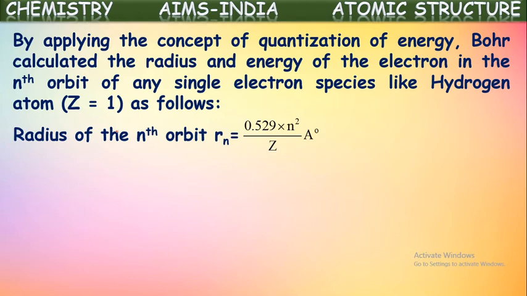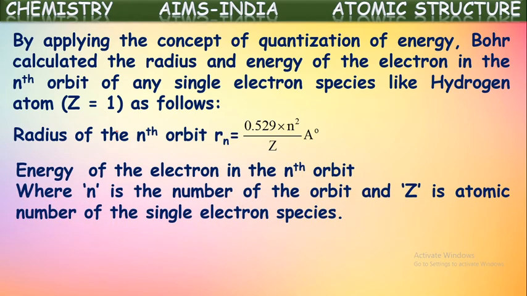Next, the energy of the electron in the nth orbit, where n is the number of the orbit and Z is the atomic number of the single electron species.